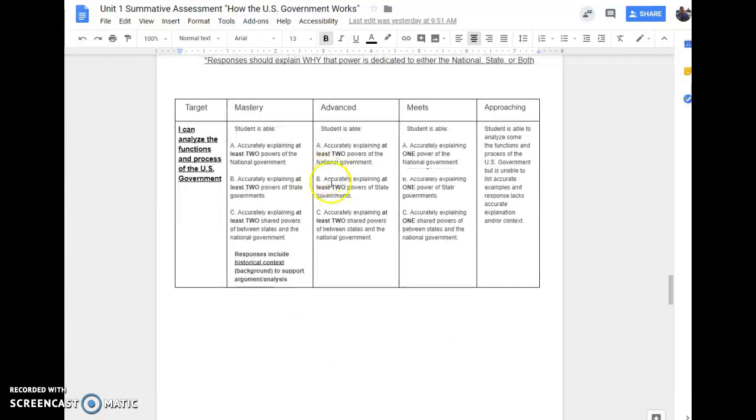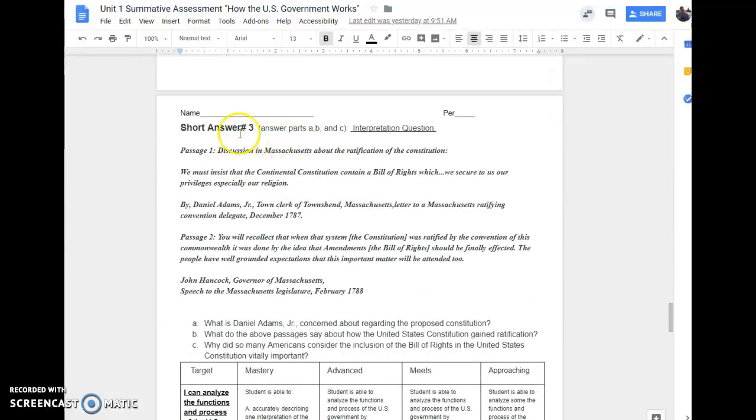Okay. Moving on to option number three. This has to do with the Bill of Rights. There's a concern in this excerpt that we looked at in class in Massachusetts, which is the state that was founded on religious freedom.